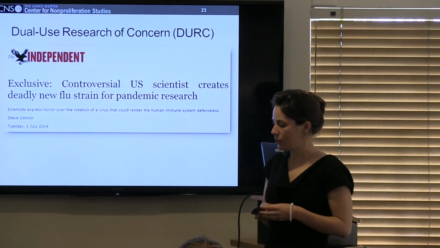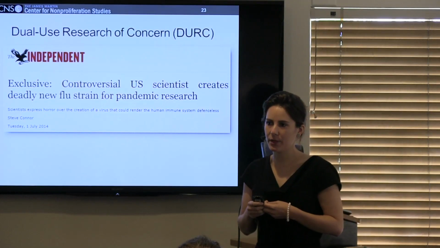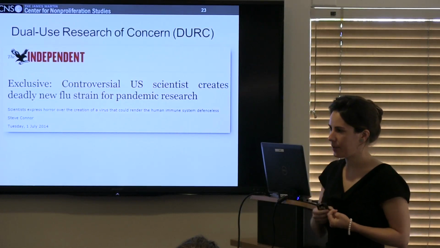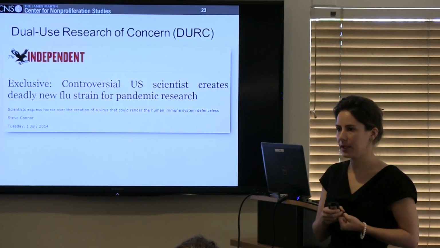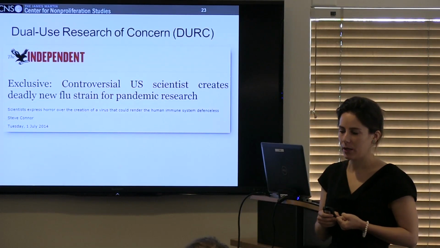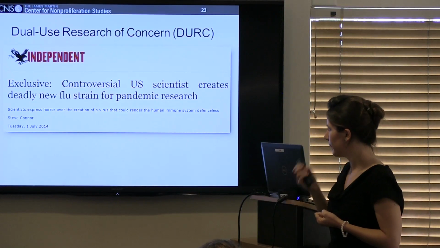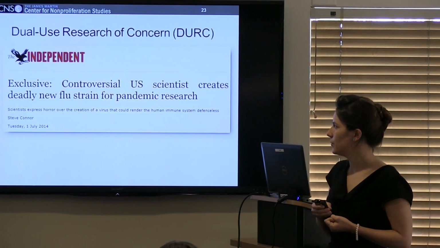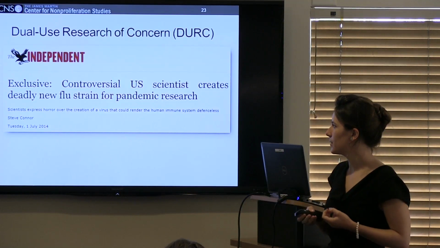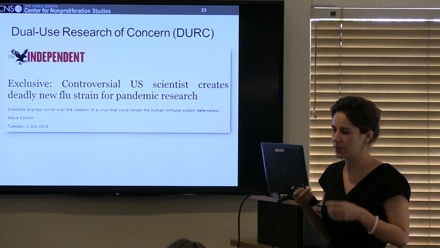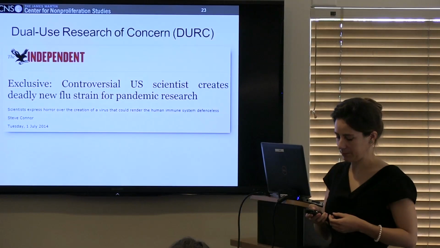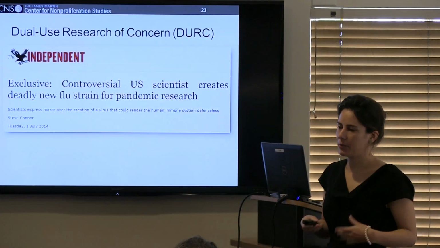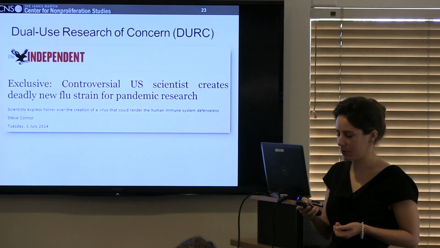A researcher took the swine flu, H1N1, and that particular virus caused the global pandemic in 2009, where 300,000 people died. So he decided to mutate this virus until he could render the current vaccine we have inefficient, potentially creating a new form of the virus that could cause a pandemic.